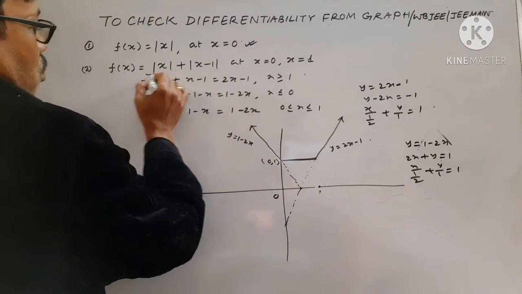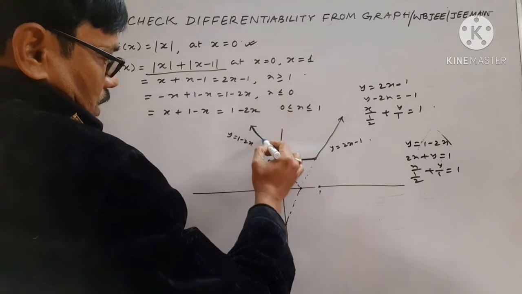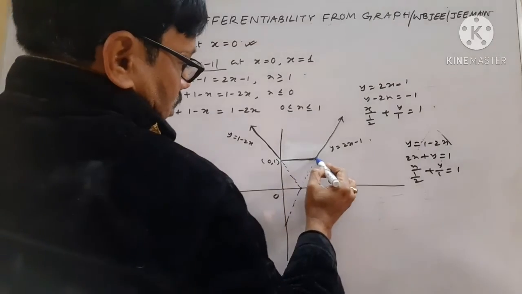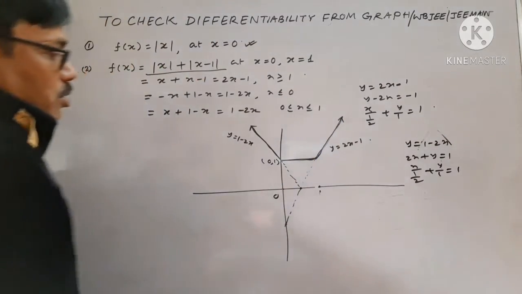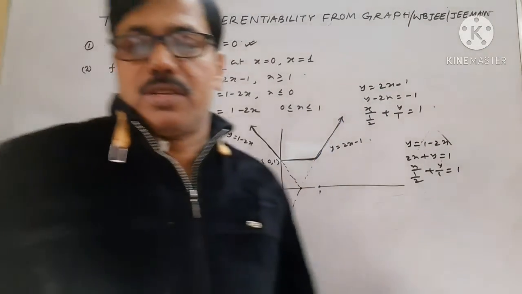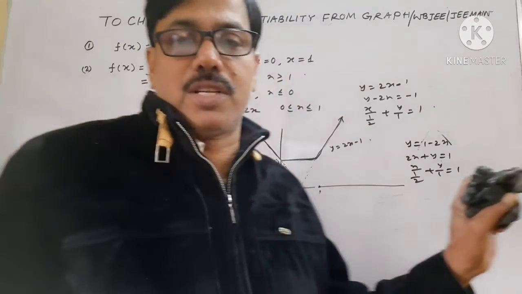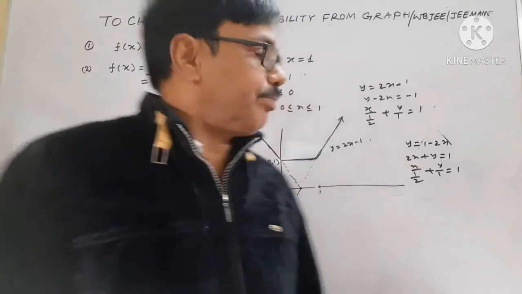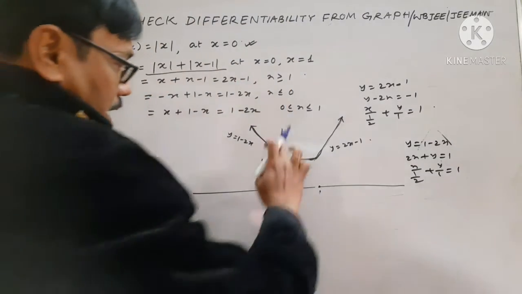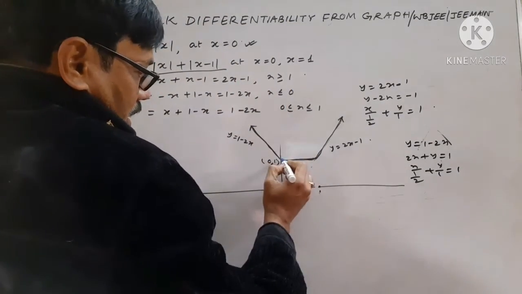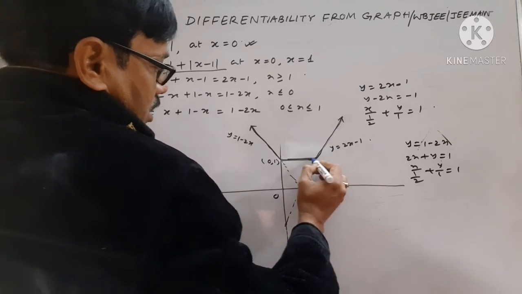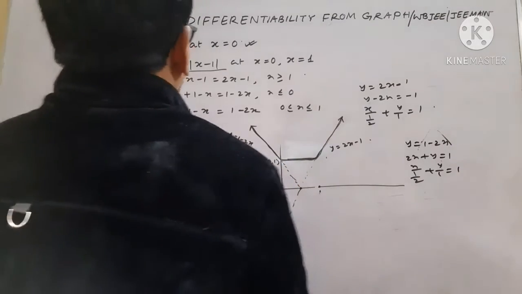So the graph of mod x plus mod x minus 1 is like this. It is obviously continuous at x equals 0 and 1, hence continuous for all x. But look, at x equals 0 it has a sharp edge, and at x equals 1 it has a sharp edge.